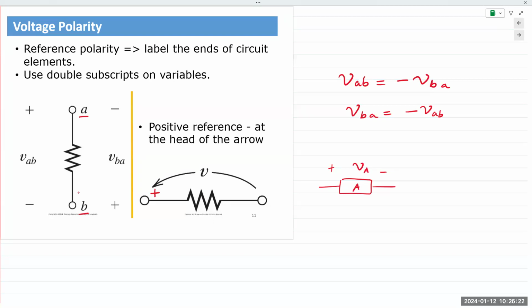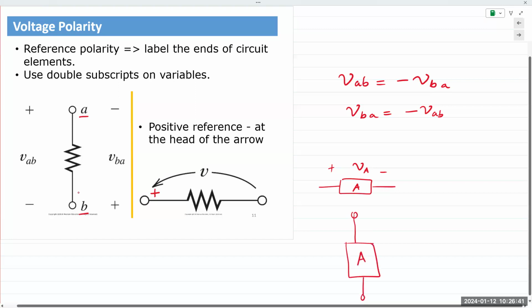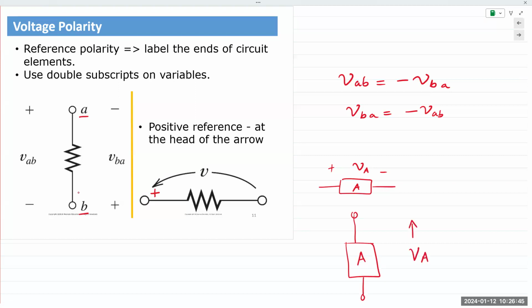Sometimes if it's a larger circuit, or the circuit schematic has a very large, physically large description in the schematic, then we would point at something like this. You'd say VA, and we would point an arrow in both directions, and we would note plus and minus.